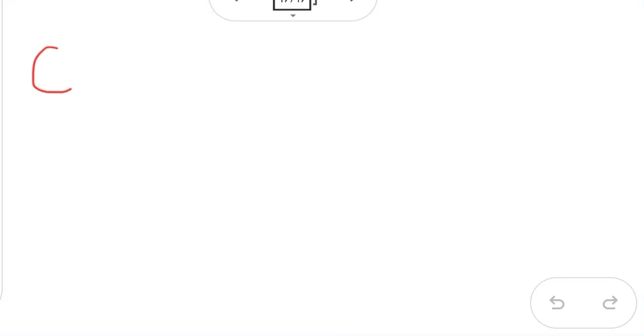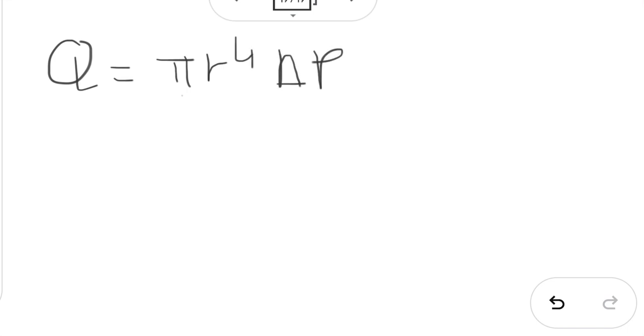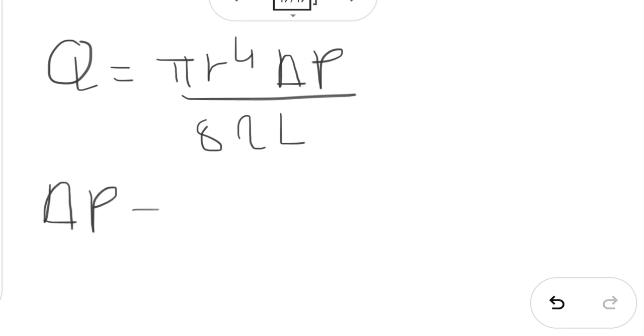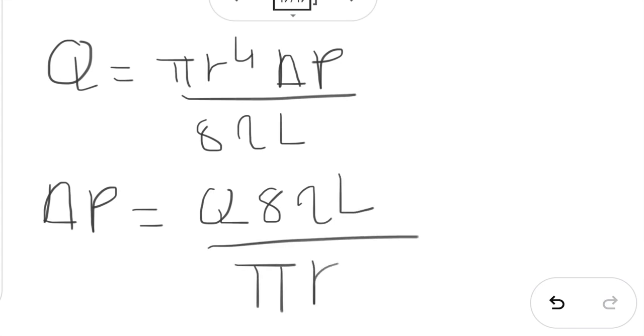Again, remember, Poiseuille's equation is given as the volume flow rate, which is equal to pi r to the power 4 multiplied by the pressure difference over 8 multiplied by the viscosity multiplied by the length. From this expression, we're able to find the pressure difference as the volume flow rate multiplied by 8 eta L over pi r to the power 4.